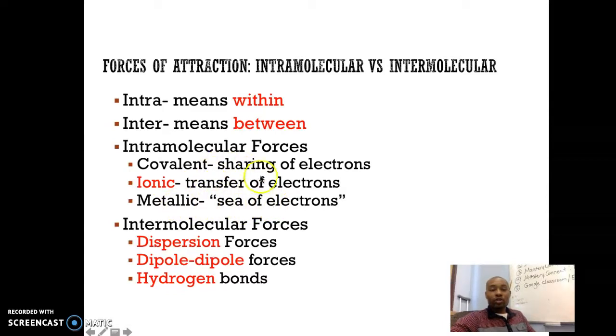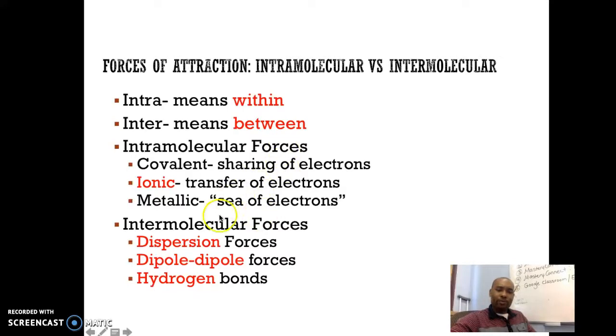So all of these three are intramolecular forces, which means that there are forces of attraction within the atoms, as opposed to intermolecular forces, which means between substances. So from molecule to molecule, there are also forces of attraction between those.